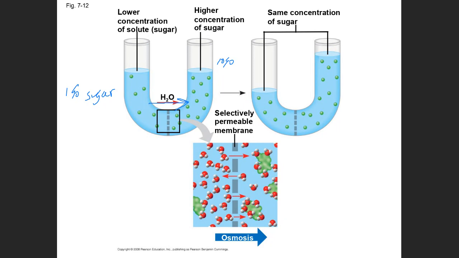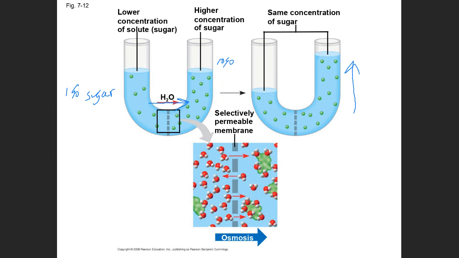And so the water molecules are diffusing to try and reach an equilibrium concentration, the same concentration on both sides of the membrane. And so the water will diffuse until it achieves equilibrium. And that means the water will move up our tube because water is moving into the high solute concentration.